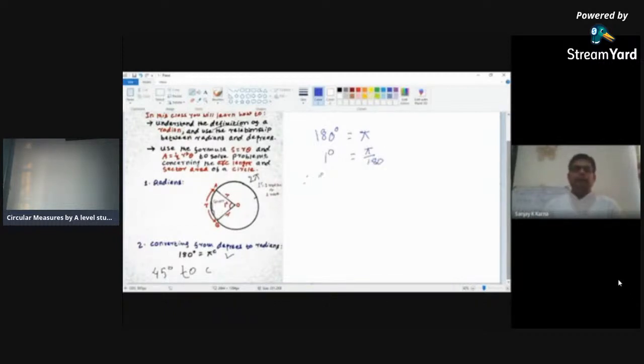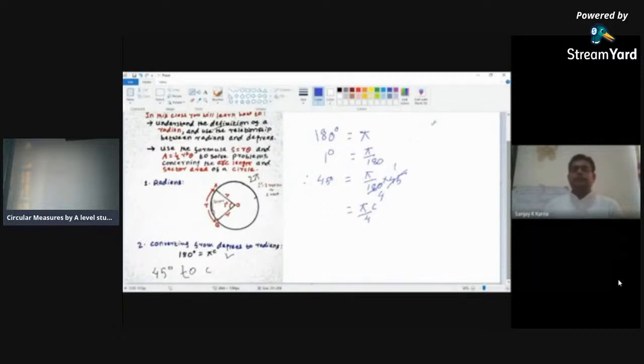Therefore 45 degrees equals pi divided by 180 times 45 radian. When you solve it, 45 ones are 45 and 180 is 45 fours, so that is pi by 4 radian. In this way, we can convert degrees into radians. Here, 45 degrees equals pi by 4 radians.